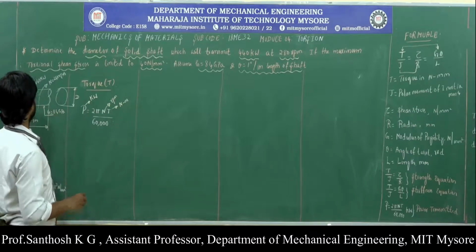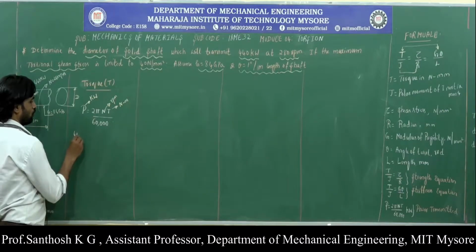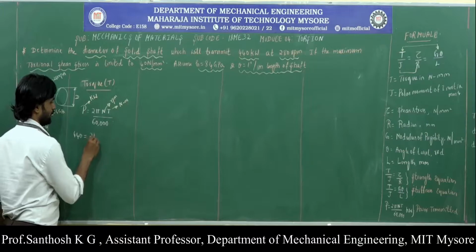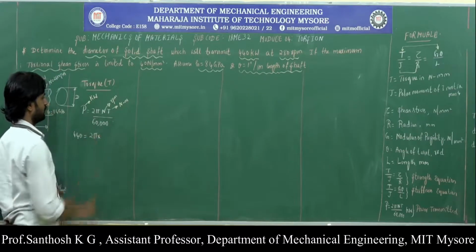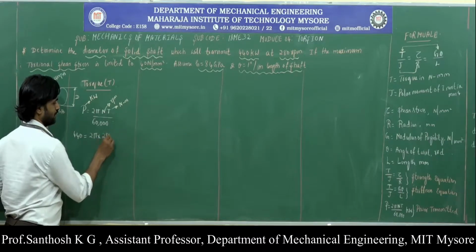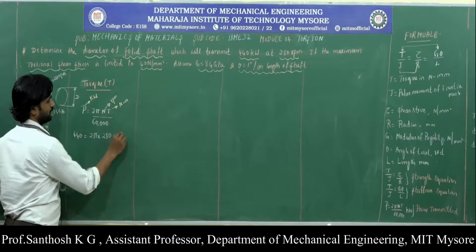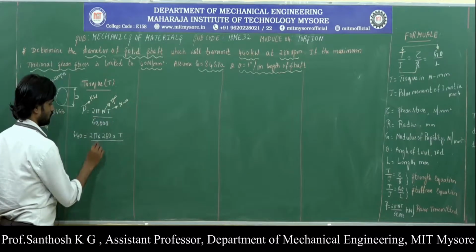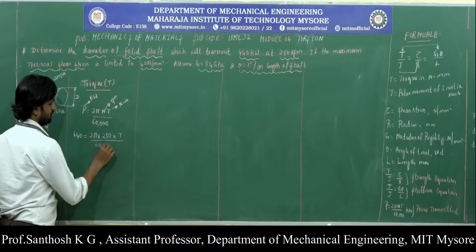The value of P given is 440 equals 2 pi, the speed with which the shaft is rotating is N, 280, into T, which represents the torque the shaft is subjected to, divided by 60,000.